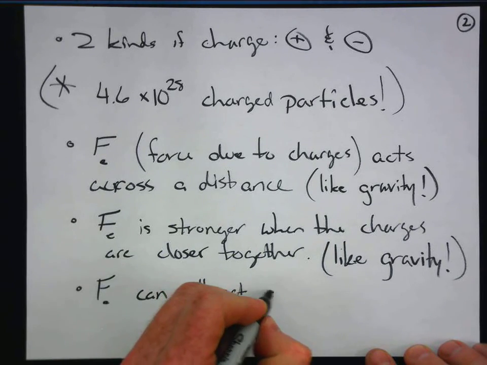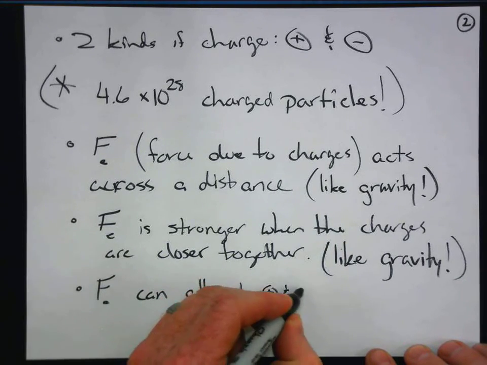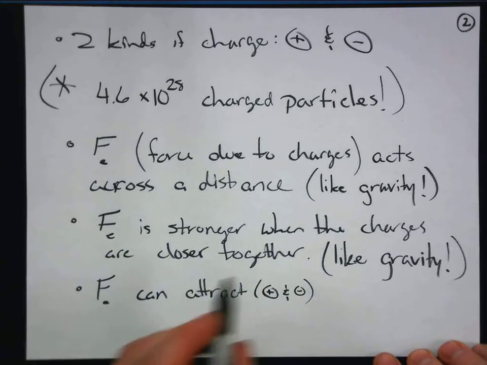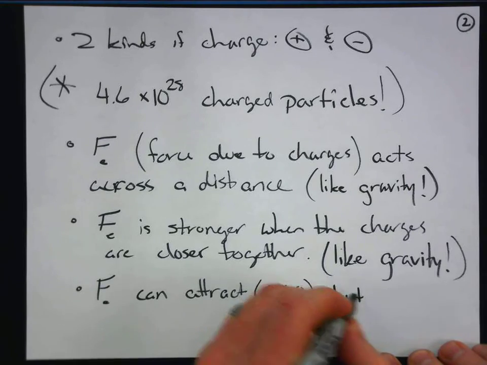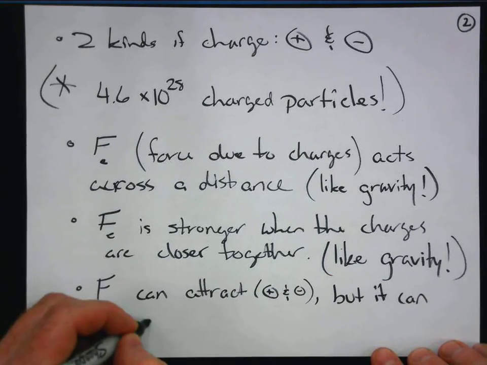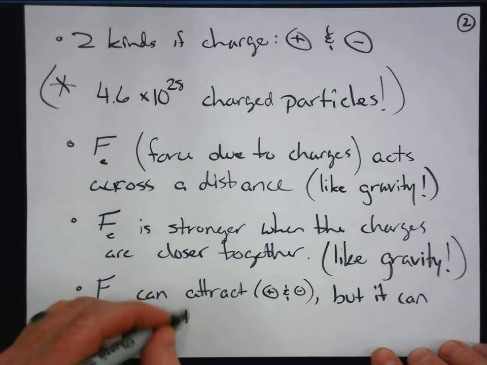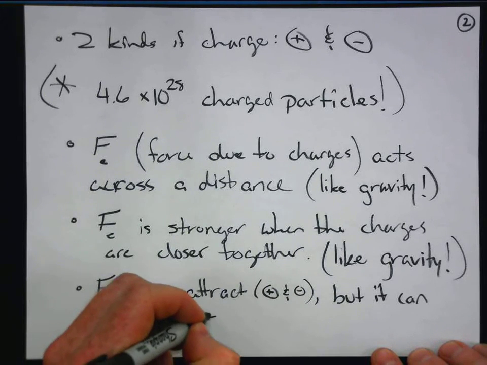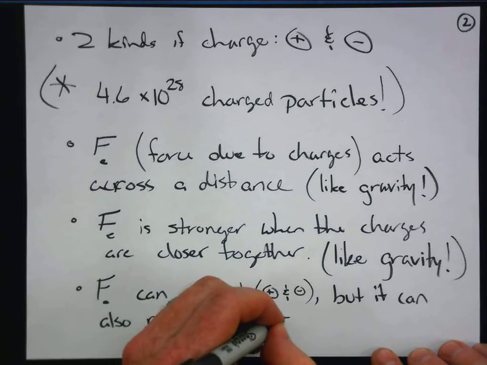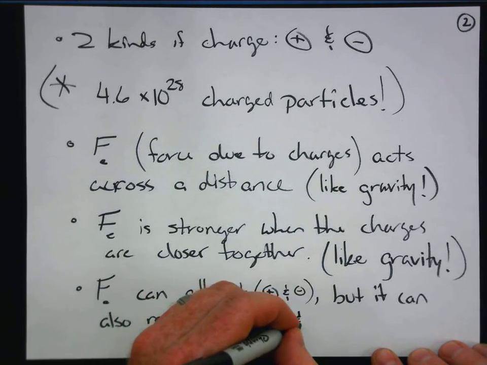But it will attract when you have positives and negatives nearby. But it can also repel. And this is maybe when you have a couple negatives near each other or a couple positives near each other.